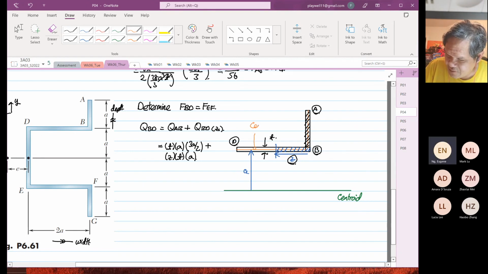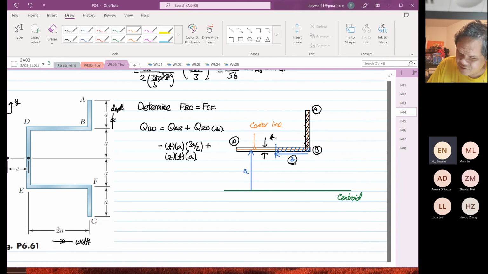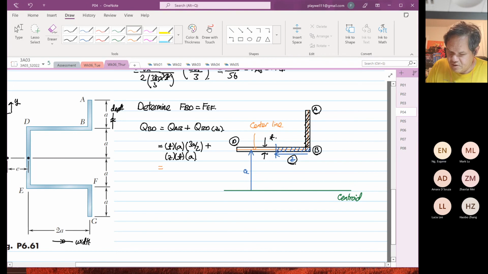Everything we are taking at the center line, so this is so much easier to calculate. So it's 3/2 A squared T plus ATZ.